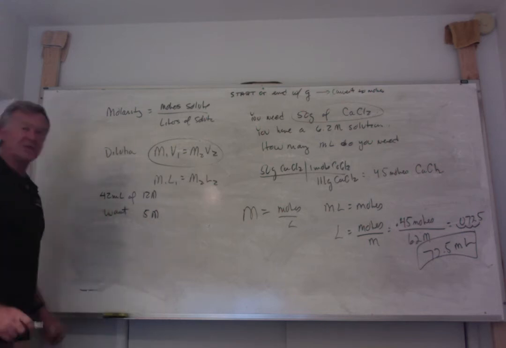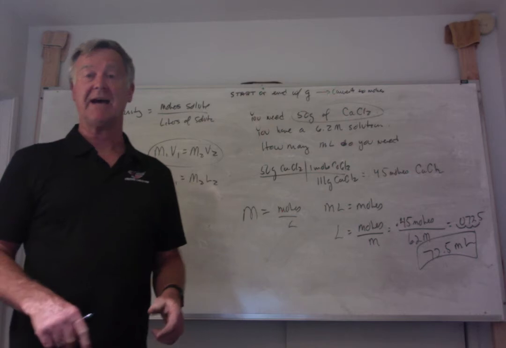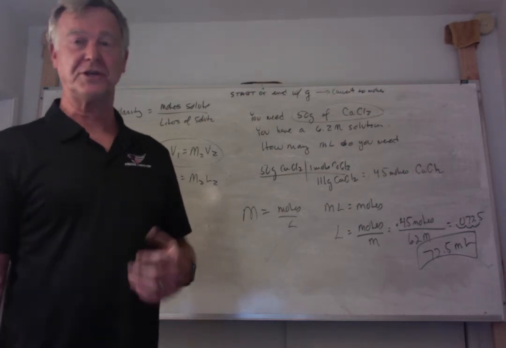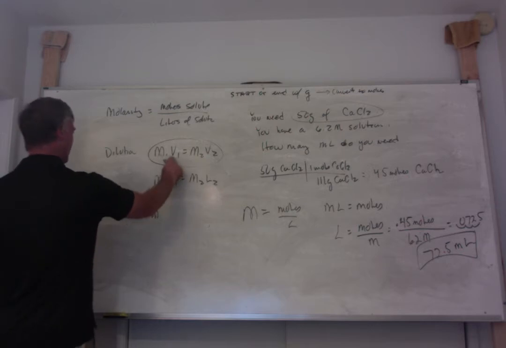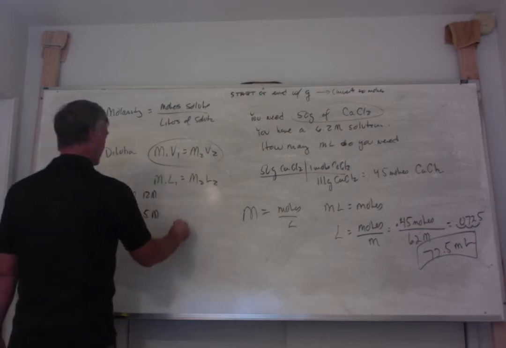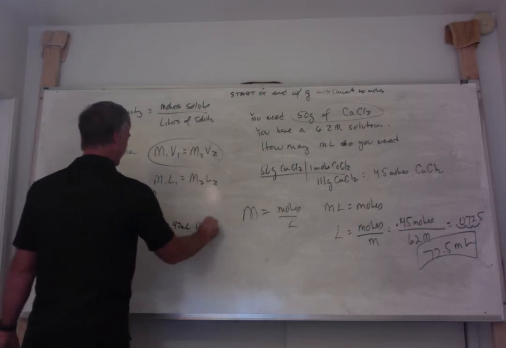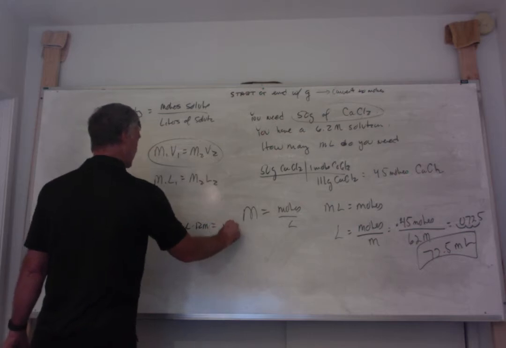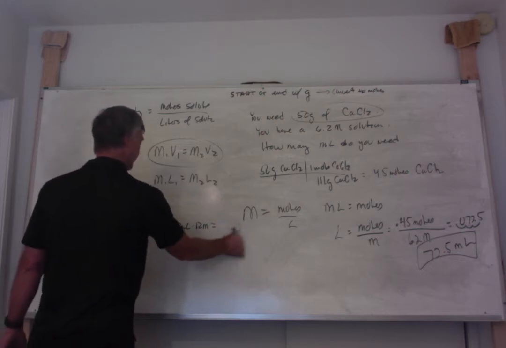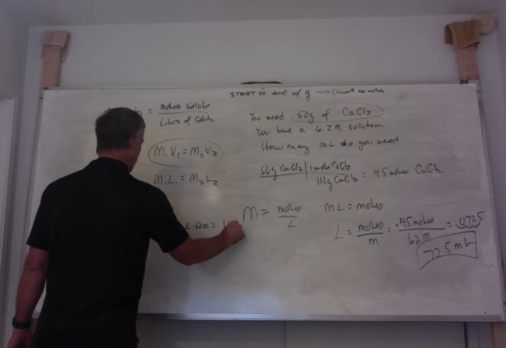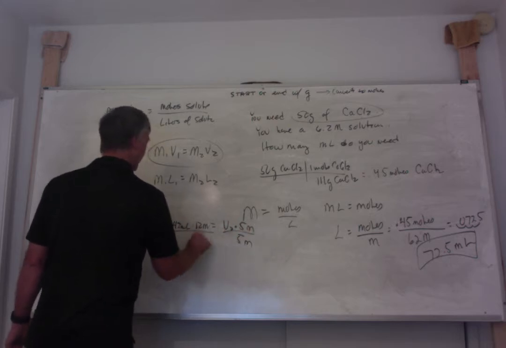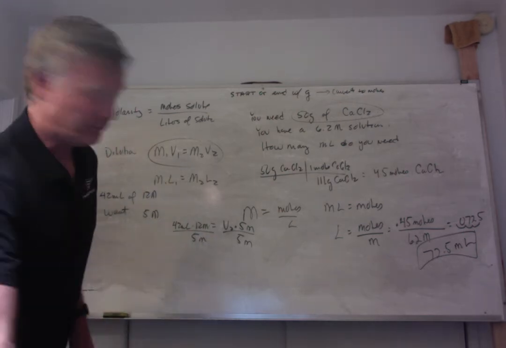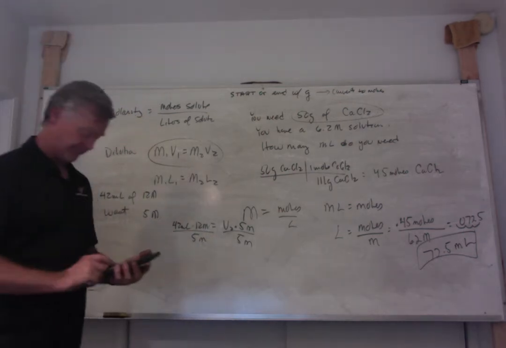Well, the question might be how much water you have to have or how much solution of the other do you need. Let's do this. Let's do 42 milliliters times 12 molar is equal to X, or the second volume, V2, times 5 molar. If we divide by 5 molar, we're going to get 42 times 2.4.